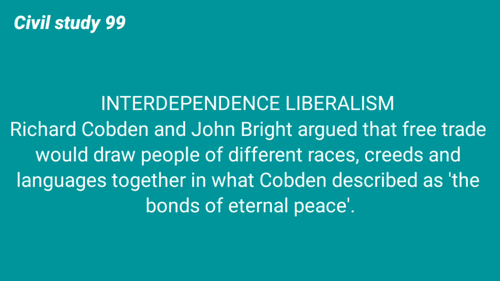Richard Cobden and John Bright argued that free trade would draw people of different races, creeds, and languages together in what Cobden described as bonds of eternal peace. According to this, different peoples are united by shared values and a common commercial culture, and would have a better understanding of one another.